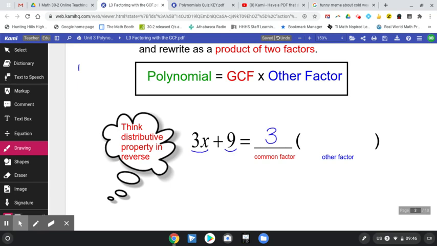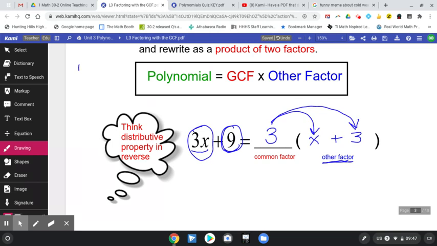And now to get the other factor, I'm thinking about distribution. What would I need here so that when I distribute, I'll get the 3x? So I'm going to need an x right there. And then I'm thinking, what would I have to have here in order to get that 9? And I would need a positive 3.